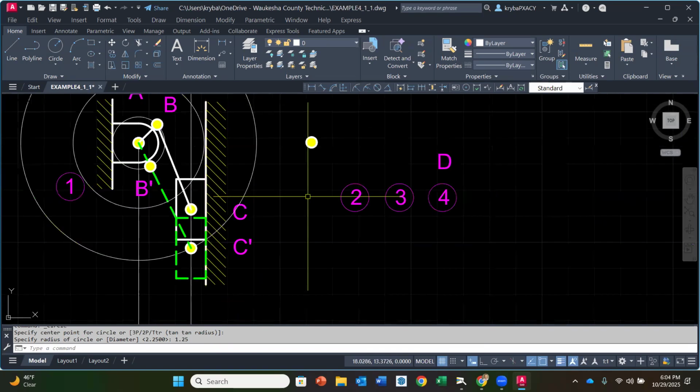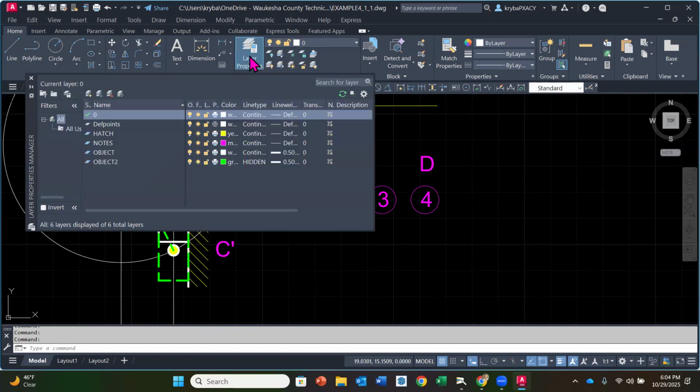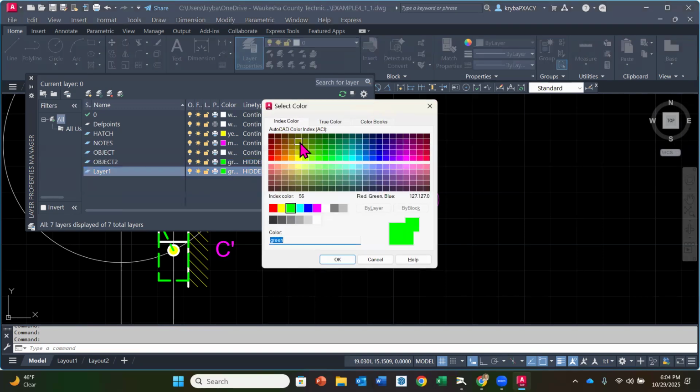Okay. Now I only have at this point 2 object lines. I have my white and I have my green. So what I'm going to do is I'm going to add a new layer. So I have to go to layer properties. I'm going to click on my object 2, hit enter, and I'm just going to change the color of that one. Remember that had the hidden line type on it, which I do want. And I'm just going to change it to cyan.